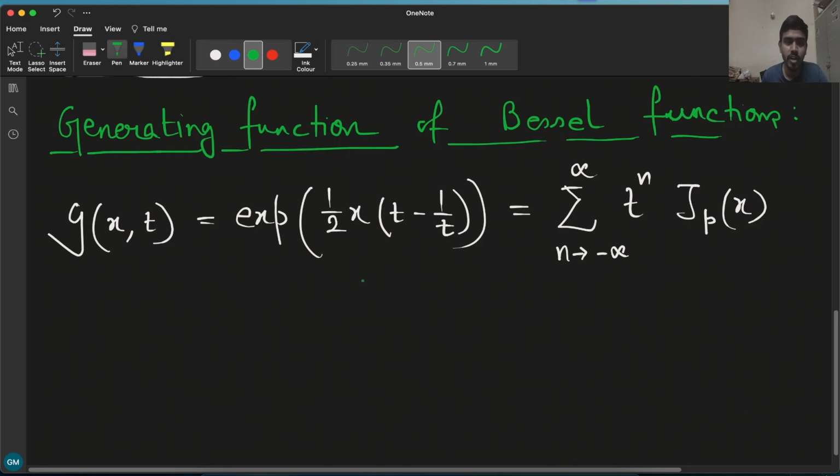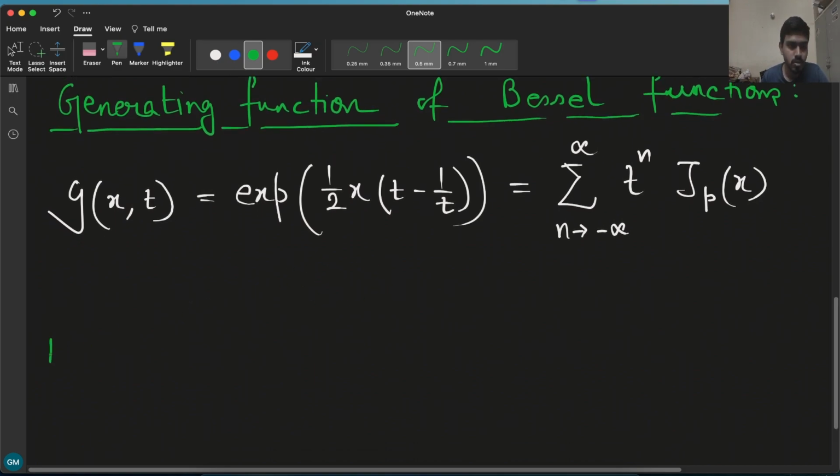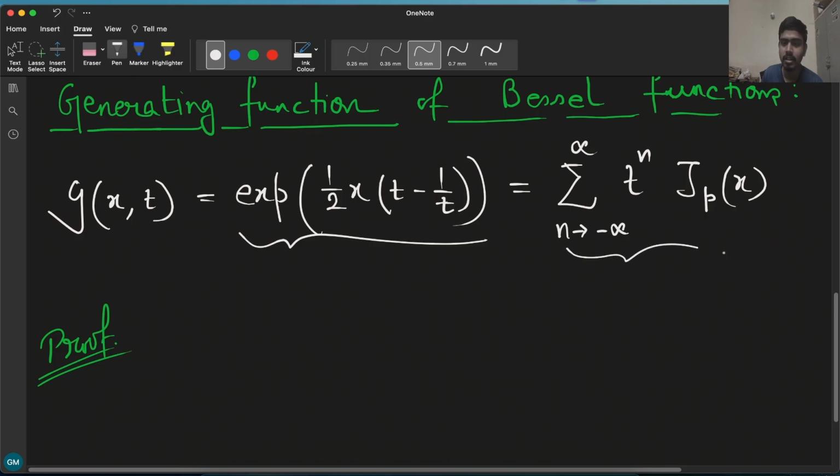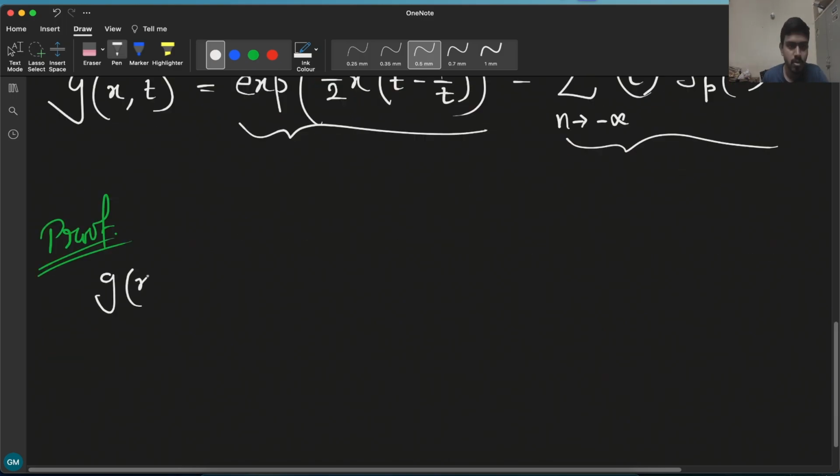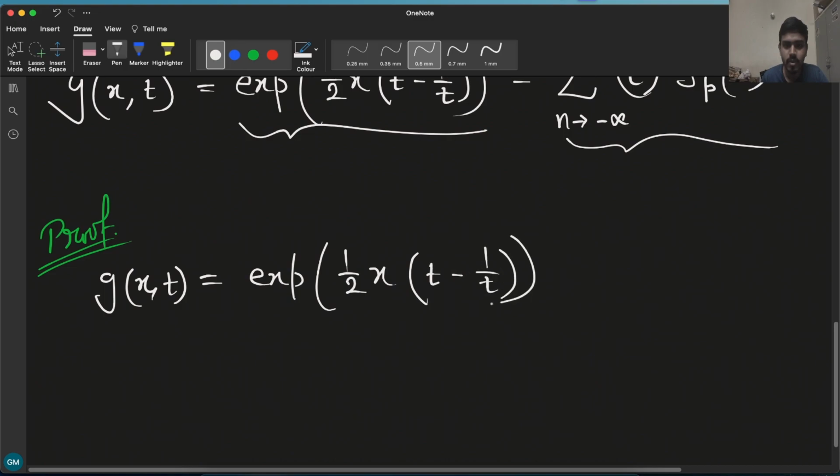Now let me prove it. Proof. So I will show that this expression can be written like this. Our generating function is g of x, t equals exponential of x by 2 times t minus 1 by t.